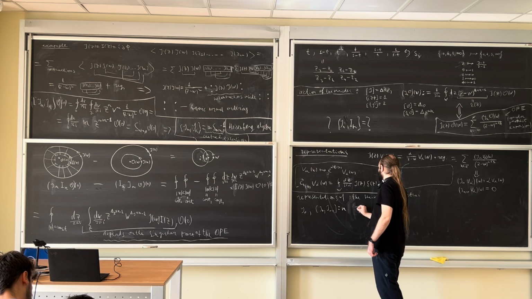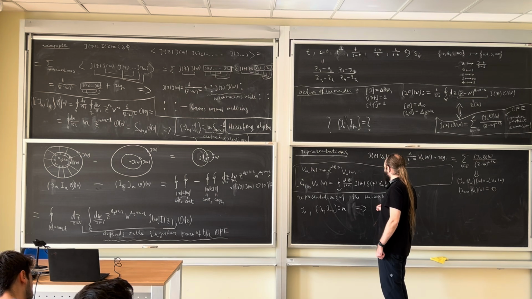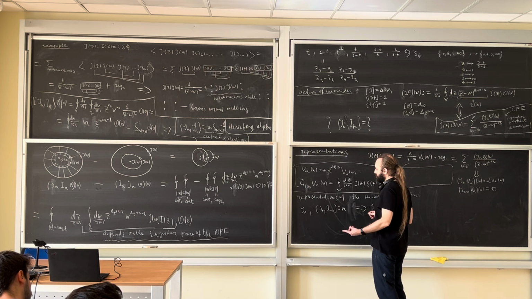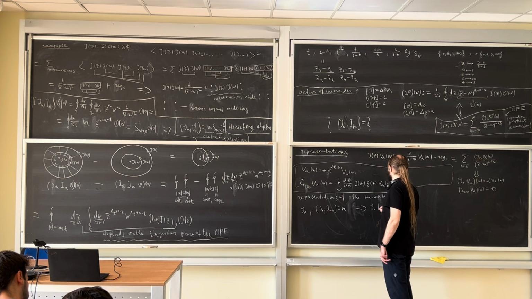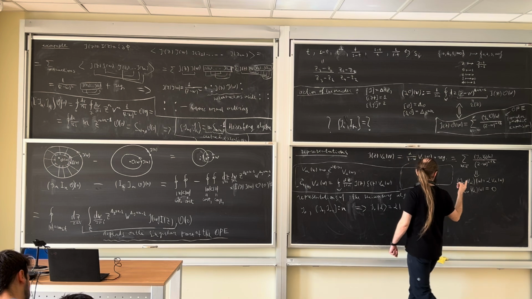So the highest weight representations of this algebra look like this. J0 is central, it commutes with everything. So J0 acts on the vacuum by some number alpha, which we see here.